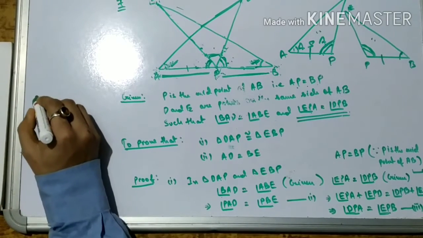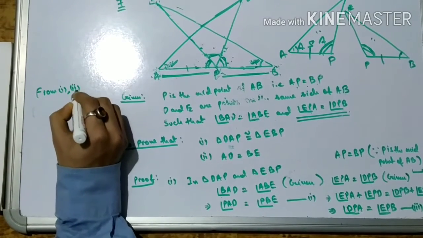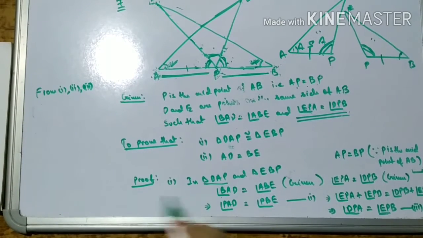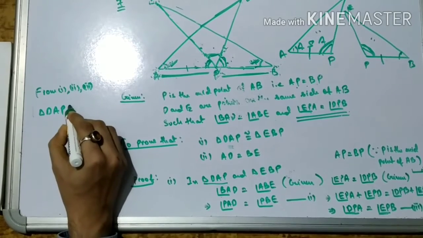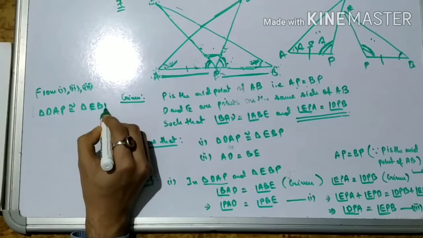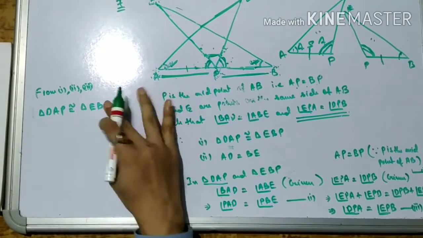Now I can say that from 1, 2 and 3, triangle DAP is congruent to triangle EBP by what congruent postulate?